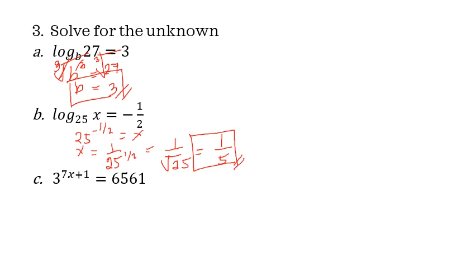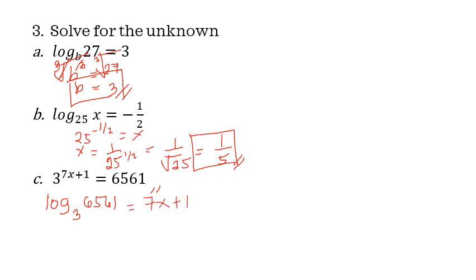Final answer. Here we have 3 raised to 7x plus 1 equals to 6561. Again, we cannot directly input this to our calculator, so we need to transform this exponential value to logarithmic form. So this is equal to log 6561 base 3 equals to 7x plus 1.